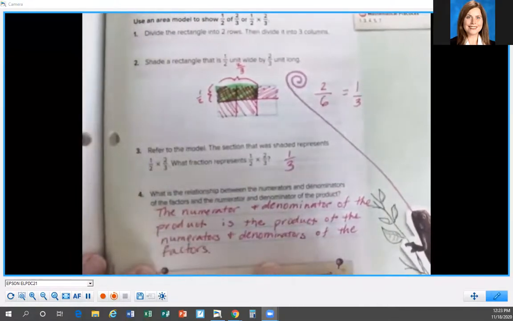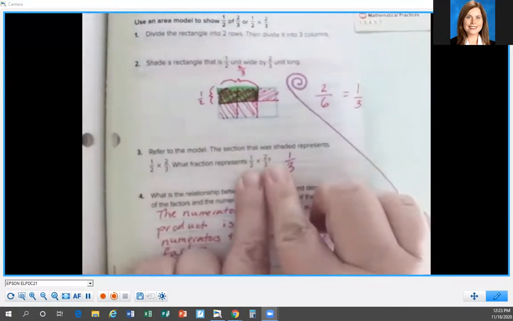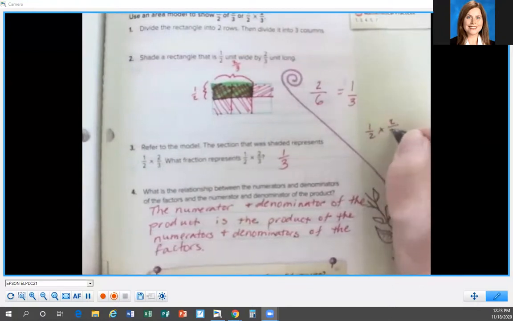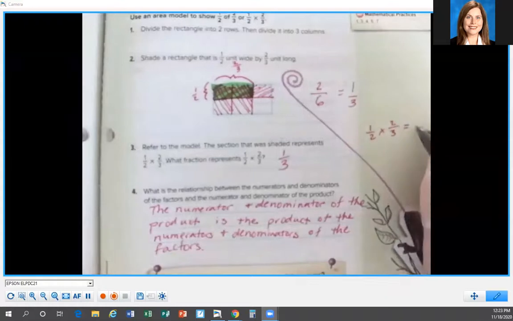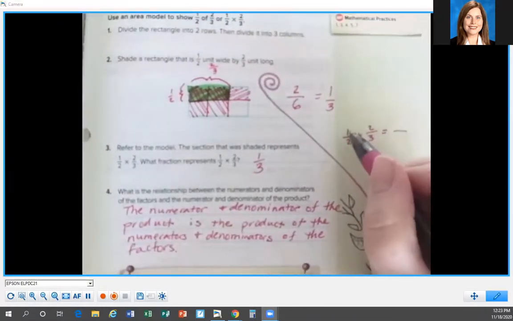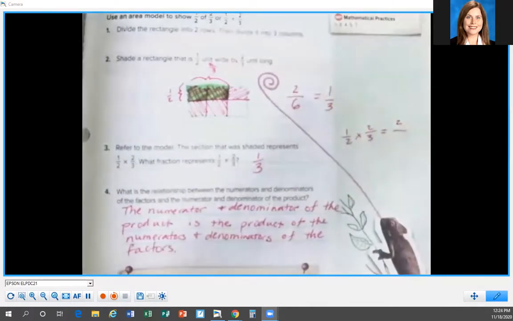Okay, so in other words, when I multiply 1/2 times 2/3, my numerator in my answer is going to be the product of these two numerators. Numerator times numerator, 1 times 2 gives me 2.